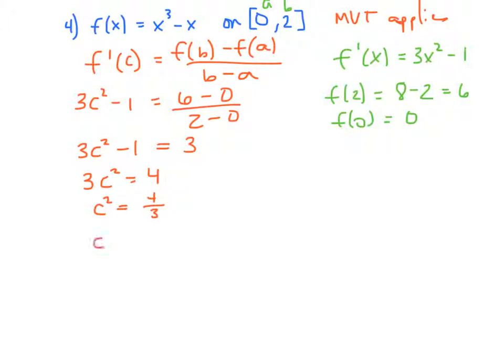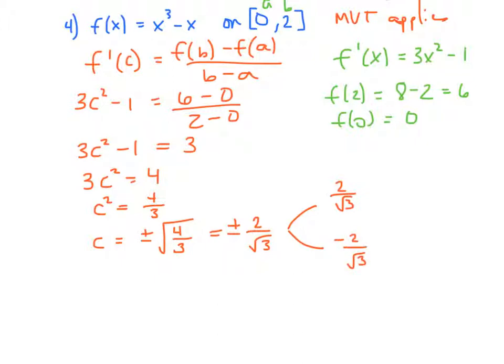Okay, so C is equal to, now remember when you take the square root within an equation, it's plus or minus the square root of 4/3, which is the same as plus or minus 2 over square root 3. Okay, so remember that's two different numbers. That's 2 over the square root of 3, and that's negative 2 over the square root of 3. I have to ask myself, do both of those fit within the given interval?